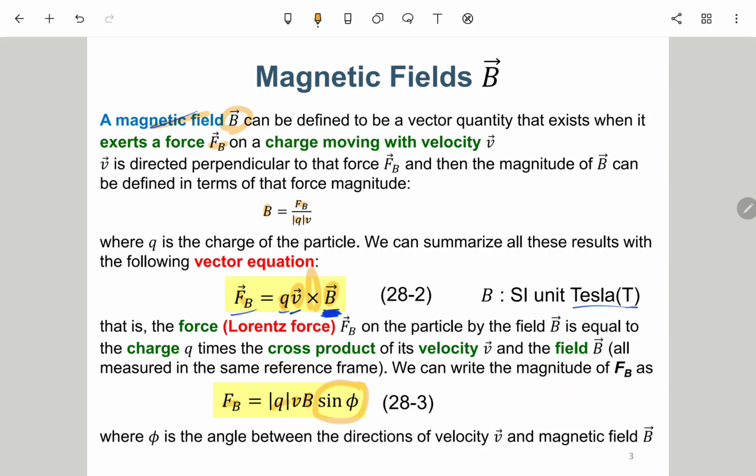Phi is the angle between the V and B, the velocity vector and the B field. So this is the scalar form of the so-called Lorentz force. Okay, so we call it the Lorentz force, 洛伦兹力.